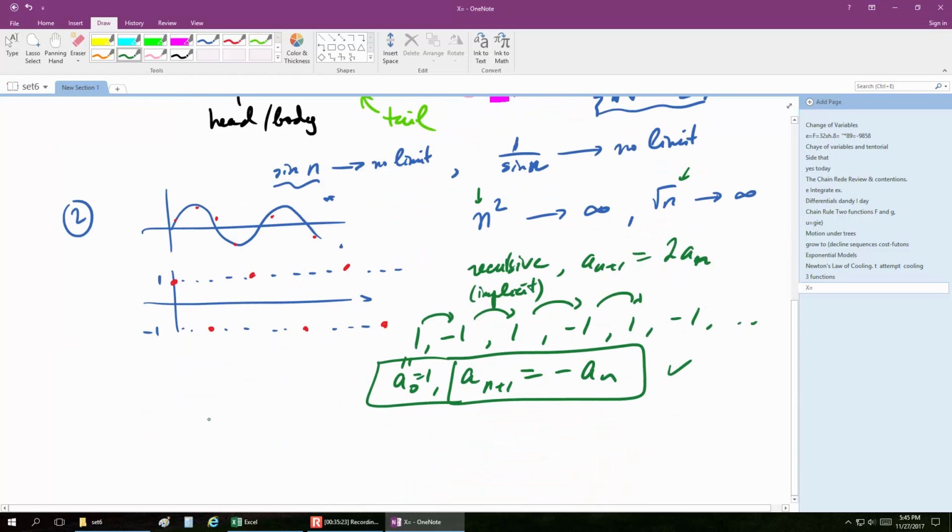Okay, now there is an nth term formula. You should know. a n is equal to what? So in other words, nth term formula means a n in terms of n, not in terms of a n minus 1. So how do you make it alternate?